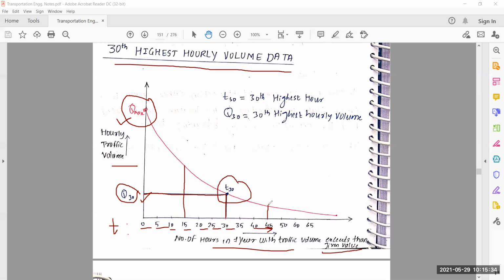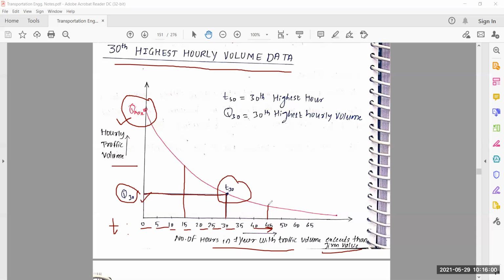Before going in detail, we discuss all things which are given by IRC. As per IRC, if designing is done for the 30th highest hourly traffic volume, neither is it costly nor is it much lesser for design aspect when compared to peak hourly volume.